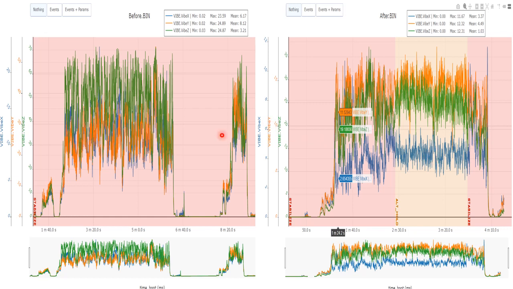So how do they compare to the recommended? With the before, the X value is within the recommended because it hovers around 15 a lot, and then it peaks up at 23, which is fine.